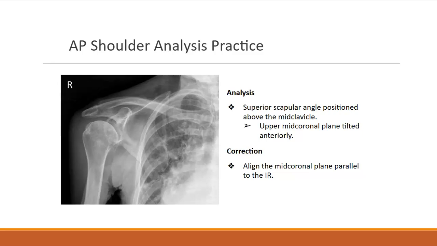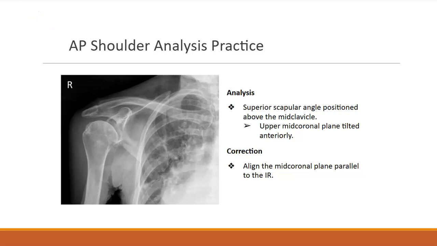When looking at an AP shoulder projection, we want to make sure that we have the appropriate anatomic structures on the image, in which we have our entire shoulder, including the medial clavicular end, and the 1/3 of the humerus.